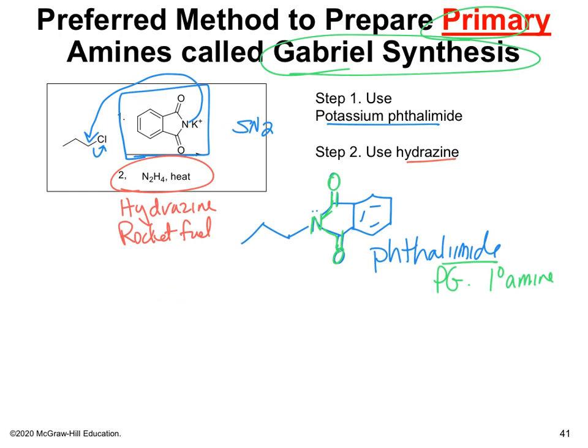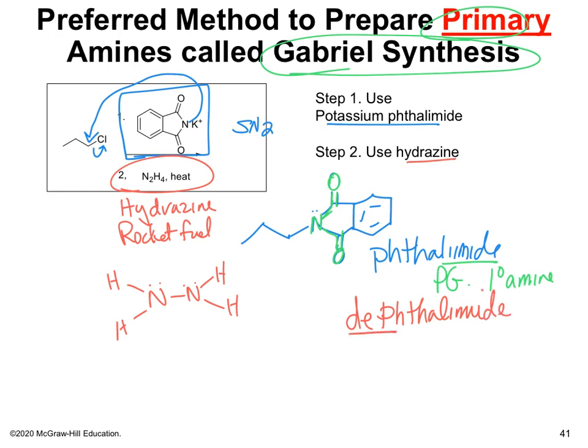So the structure of hydrazine is actually this compound here, and how hydrazine will do a dephthalimide. De means to remove, and so anytime you use de in organic chemistry, it means to remove. So this will go here, this will go up.